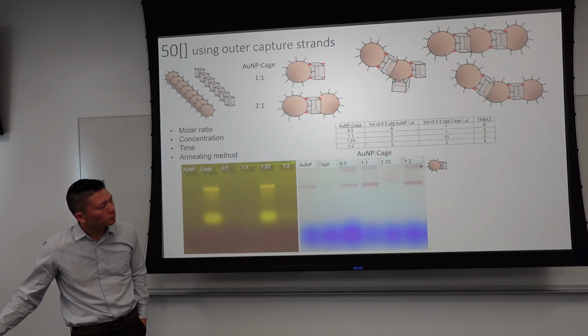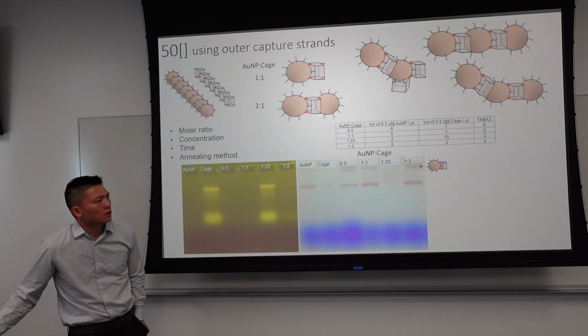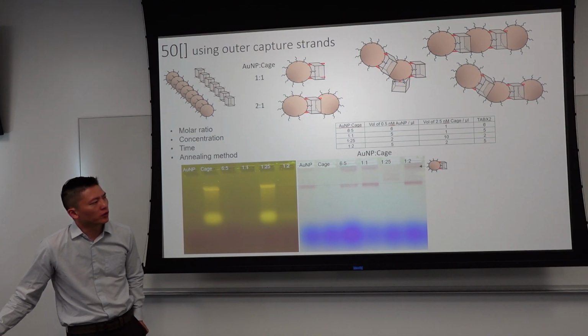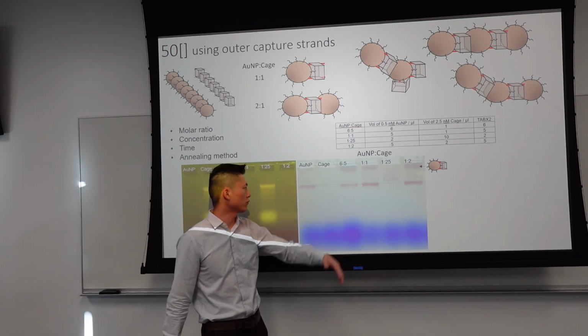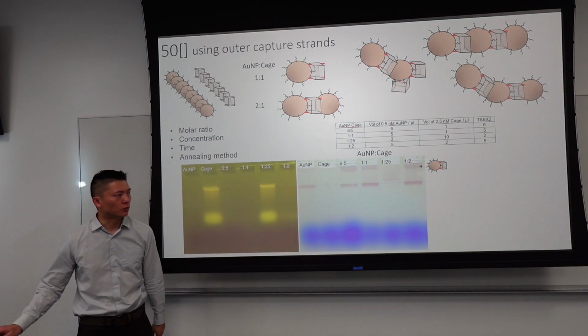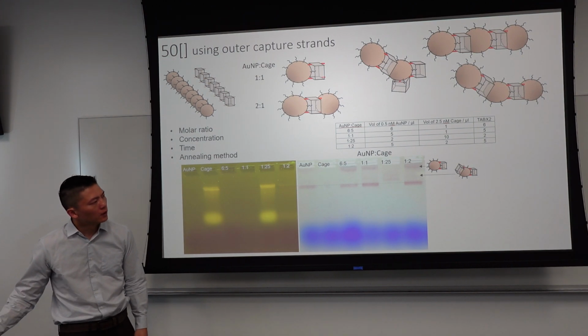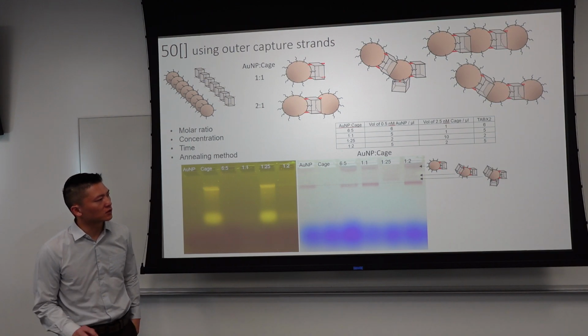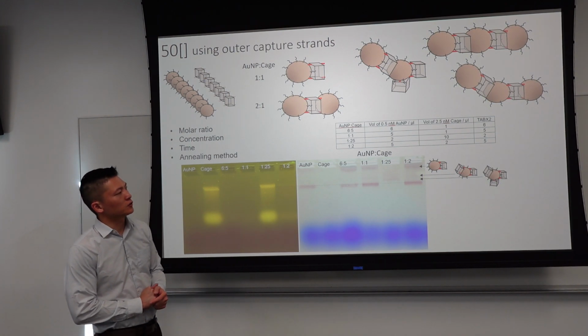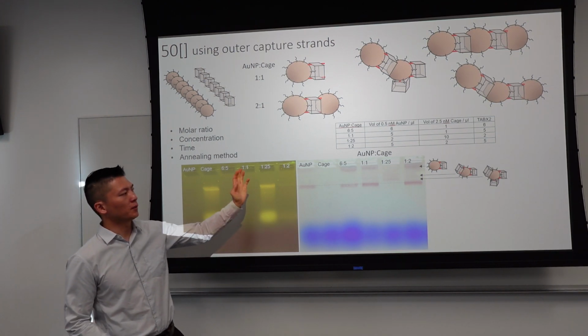Anyways, I assigned the first band with 1 cage, 1 nanoparticle. However, it could be this band here might be an aggregate for all I know. I really don't know. And then of course the lower bands have more cages on them, and I believe this is the way to think about it, just because I'm increasing the amount of cages.